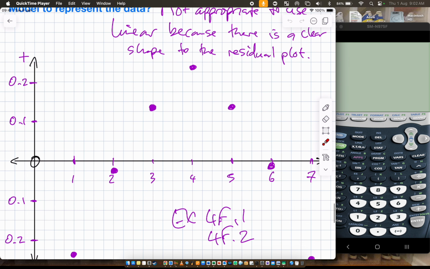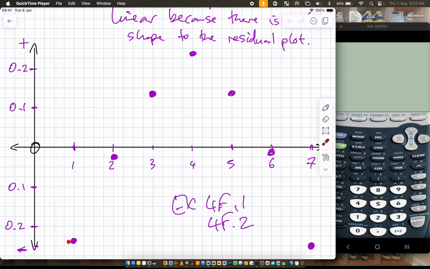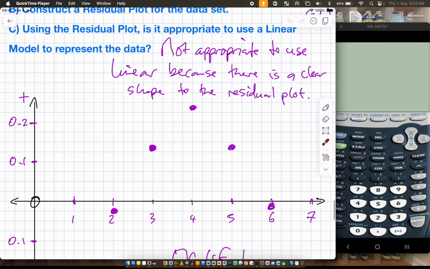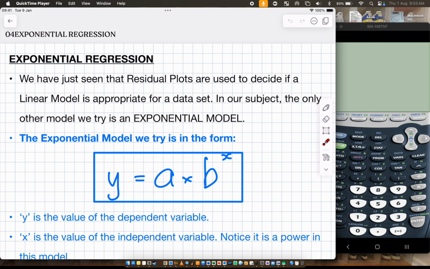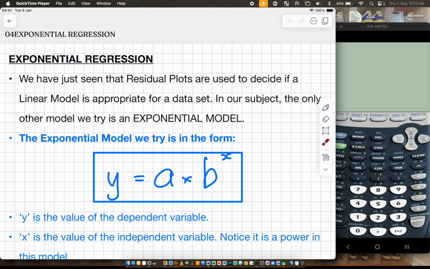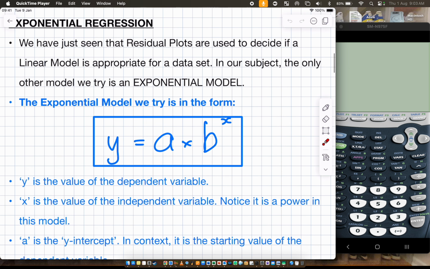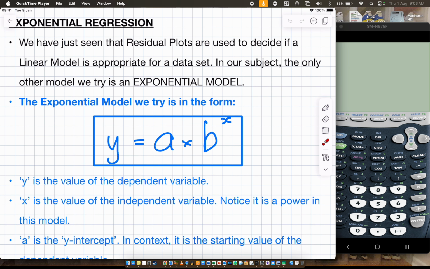So for example, last lesson we saw that the residual plot of that data formed a really clear shape here, and we said this is not linear. So the only other thing that we do, and this is going to be nice for the methods kids because they know there's a lot of other models that we can try. In general maths, we only try one. We try linear, or if that doesn't work, we try exponential. That's the only models that we try.